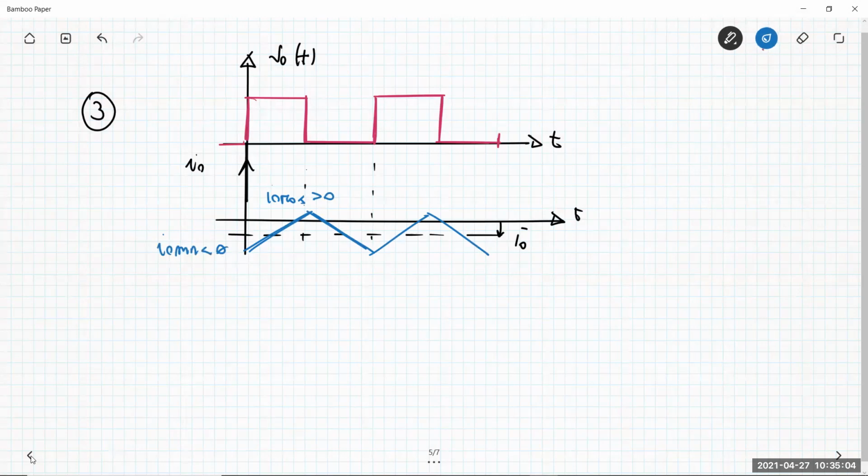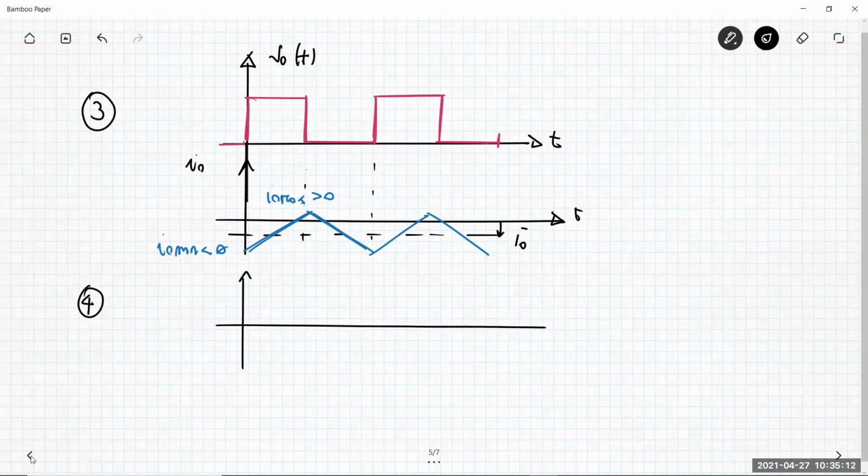Or then you can have situation number 4, in which the current has a negative average value, and also a negative instantaneous value.